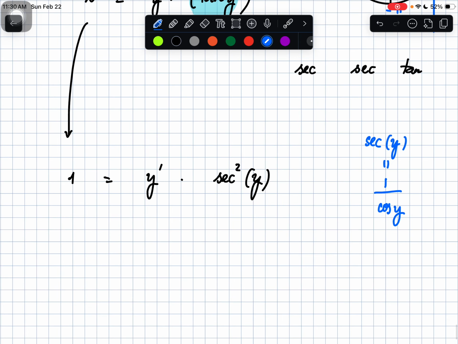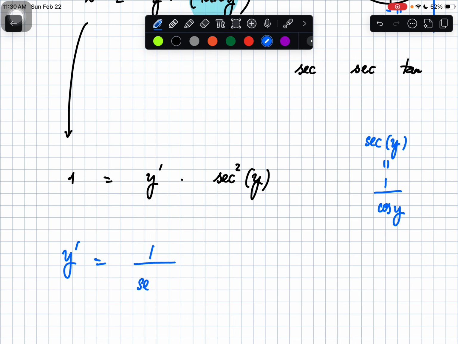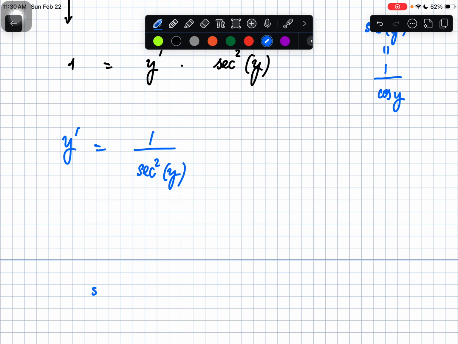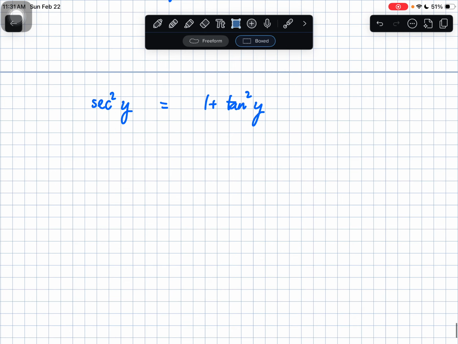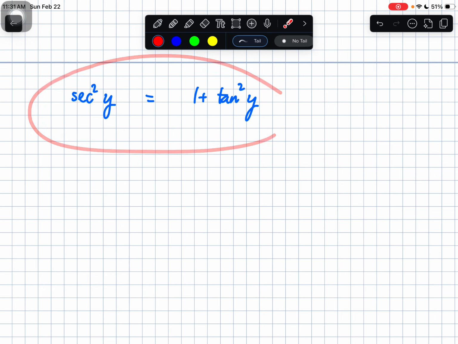We can safely divide both sides, so y prime is 1 over secant squared of y. There is a formula to remember: secant squared of y equals 1 plus tangent squared of y. You don't need to memorize this formula; we can deduce it from the definition.